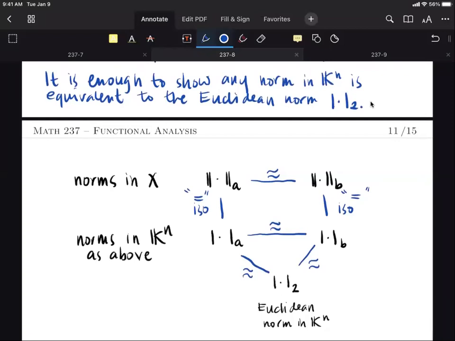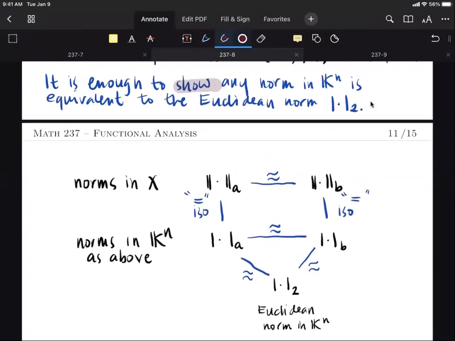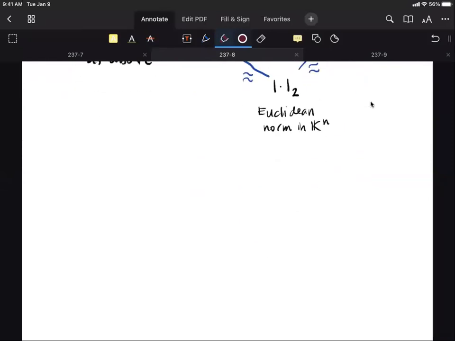And let us show this one. To start, let us consider a norm on K^n.